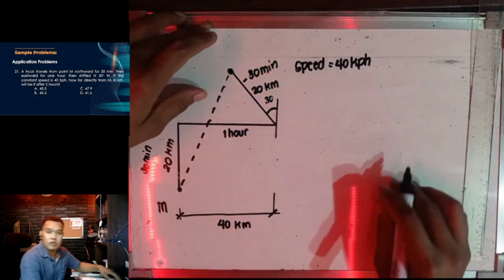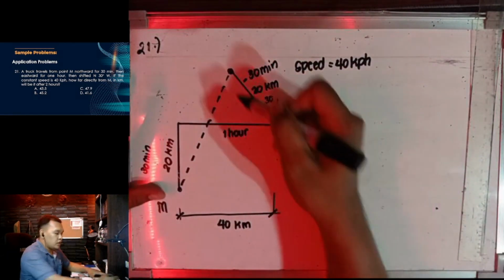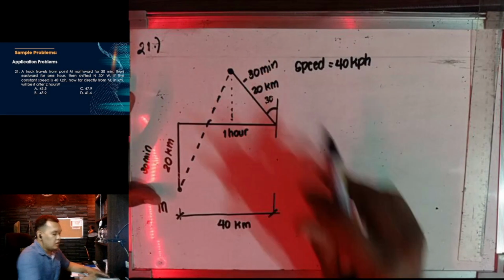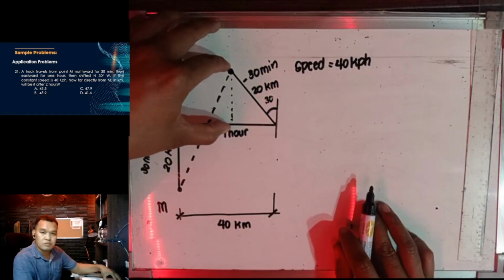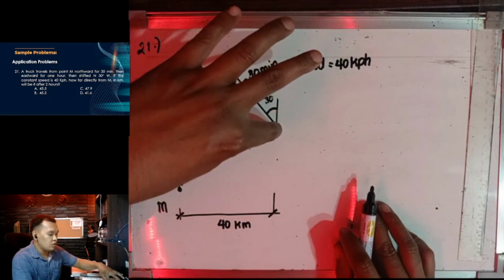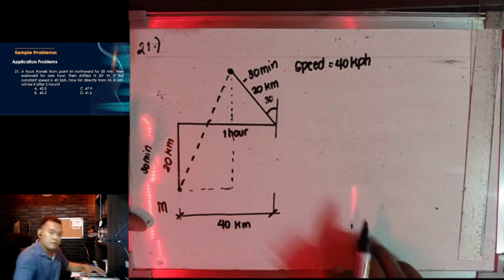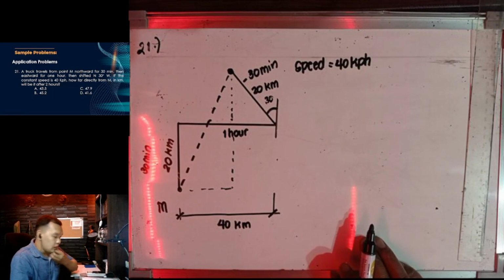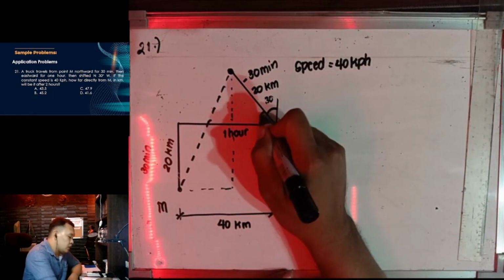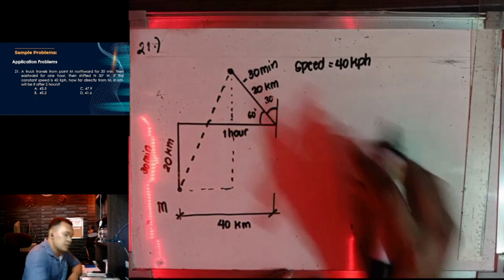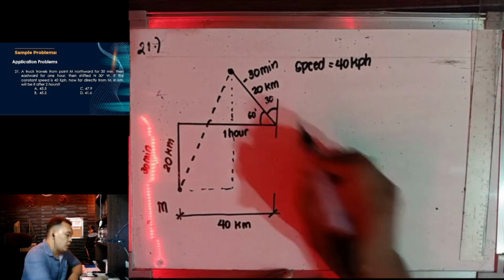Okay? So, para makuha natin, pwede natin kunin yung angle dito, yung tinakbo na to, at yung tinakbo na to, para makompute natin yung total natin na to. Okay? So, let's say that ito yung angle nito is 60 degrees. Tama? So, ito ay 20 kilometers.